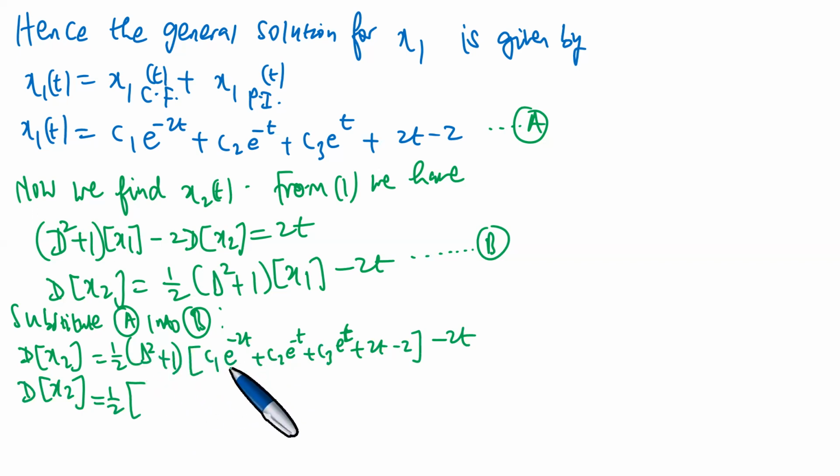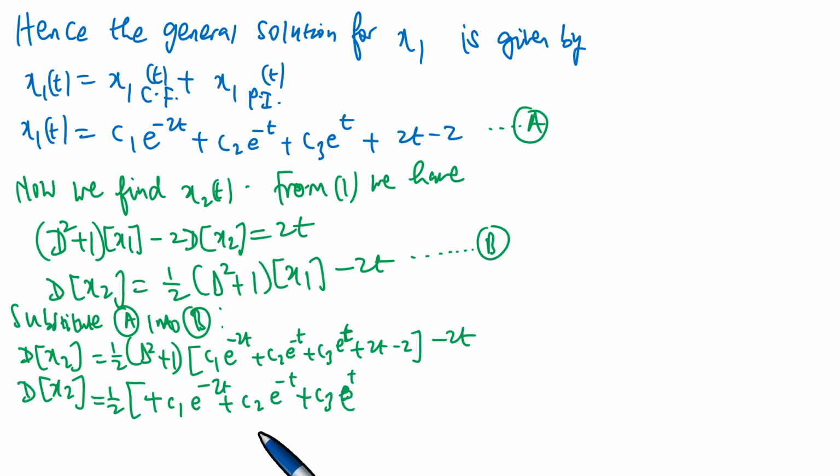First it's going to be -2, and then it's going to be 4. So it's going to be 4c1 e to the -2t. Differentiate twice, it's going to be -1, -1, so it's going to be c2 e to the -t. And then next here, this one is just derivative of e twice, doesn't change, e to the t.